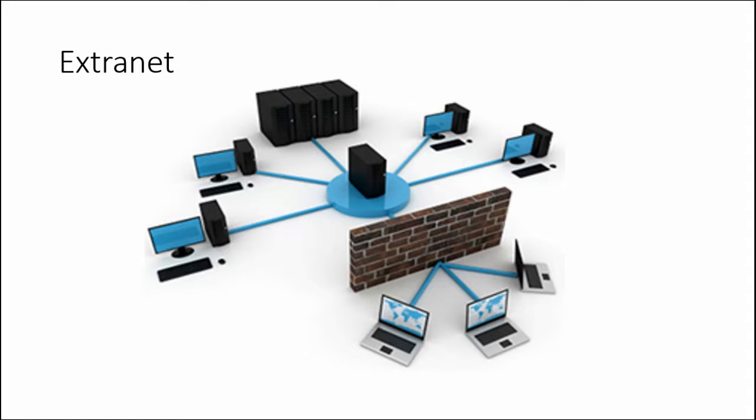Now this is extranet. Over here the information is exchanged within their network and a little bit away from them also. The best example regarding extranet that I could provide to you is banking transactions.